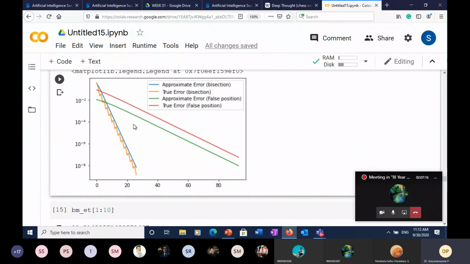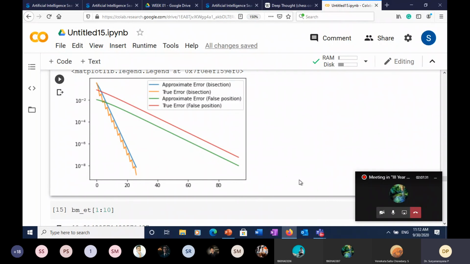Okay. See, now you see, in this case, bisection is much faster. It only took 27 iterations, whereas the false position method has taken much more iterations to get the same level of accuracy.